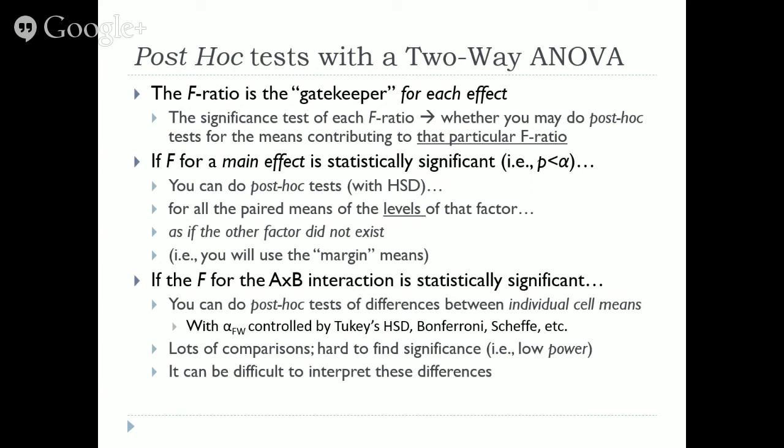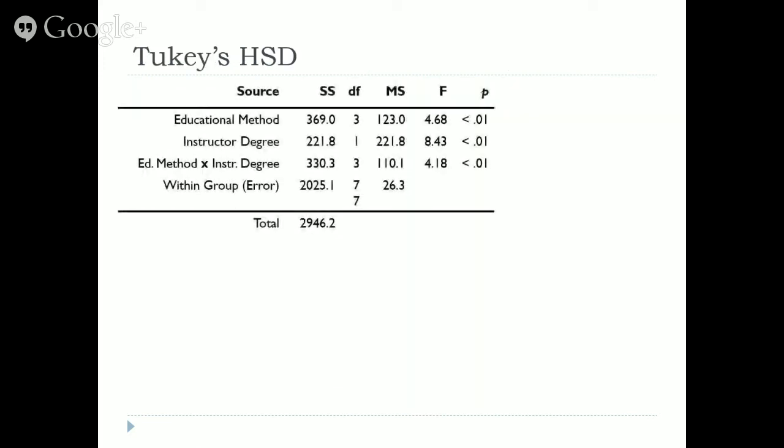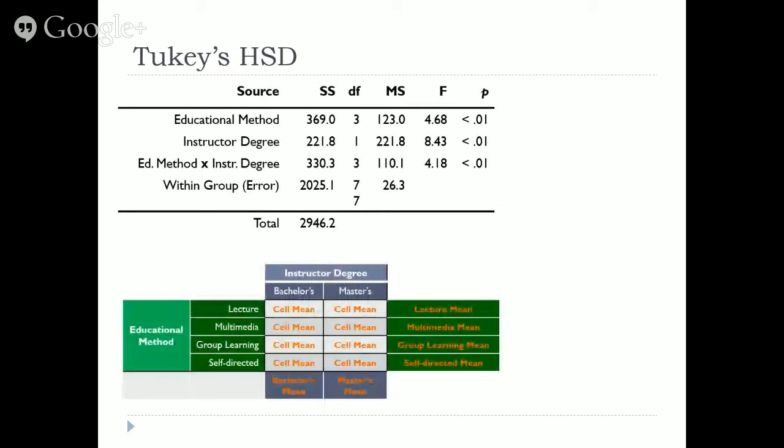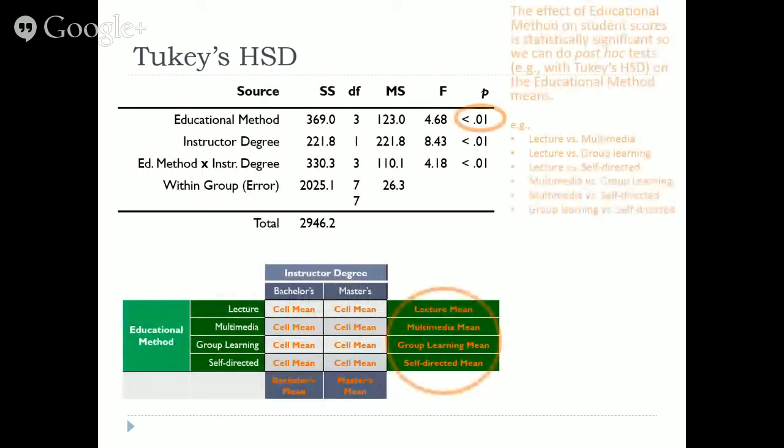What does it mean that this cell is different from this diagonal cell over here, but these two aren't? It gets really confusing sometimes. So it's much better to do planned comparisons, have theoretical reasons for which comparisons you will make and which ones you won't. So Tukey's HSD or any other kind of post hoc test, you do it just like we do for one-way. You just expand it to the two-way situation.